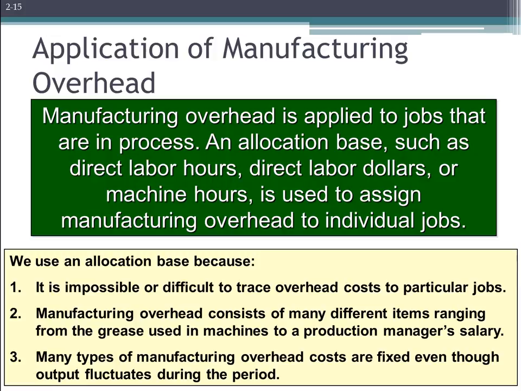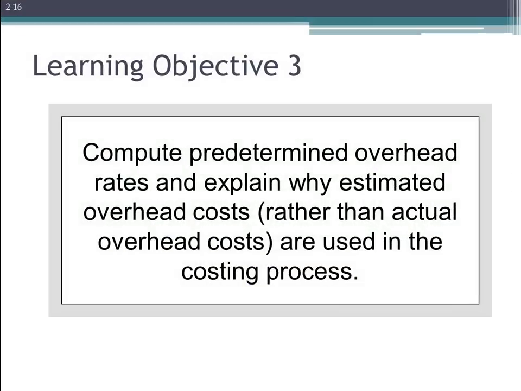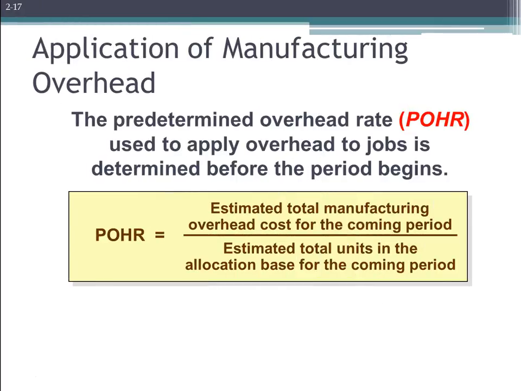And how do you possibly allocate a part or trace a part of that cost of paper towels or small supplies that we use at the manufacturing plant to individual boxes? Well, it's impossible. You'd be talking about fractions of pennies. So what we do is we accumulate all the manufacturing overhead costs, everything that's related to manufacturing that is not direct labor and not direct materials, we accumulate in the manufacturing overhead account, and then we will apply it individually using some rate. Let's go ahead and go into what that is and how we compute a predetermined overhead rate.